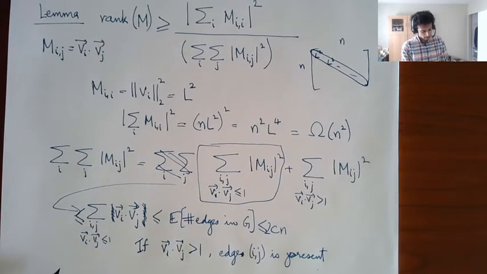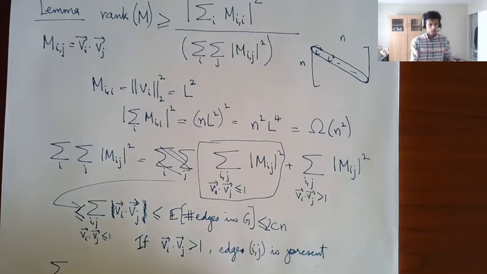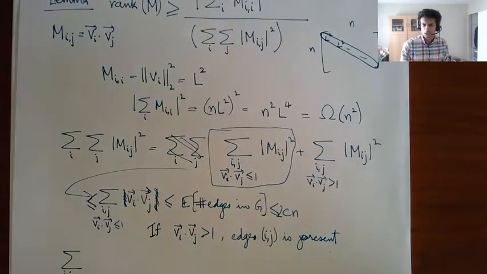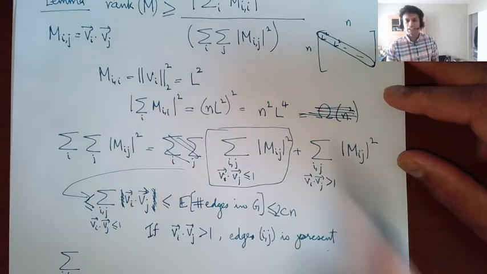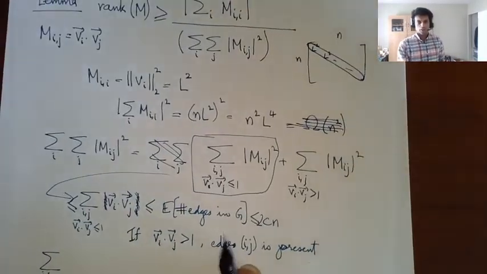So now what I get is the sum over all ij with vi dot vj being greater than 1. Let me actually keep the length lying around here.